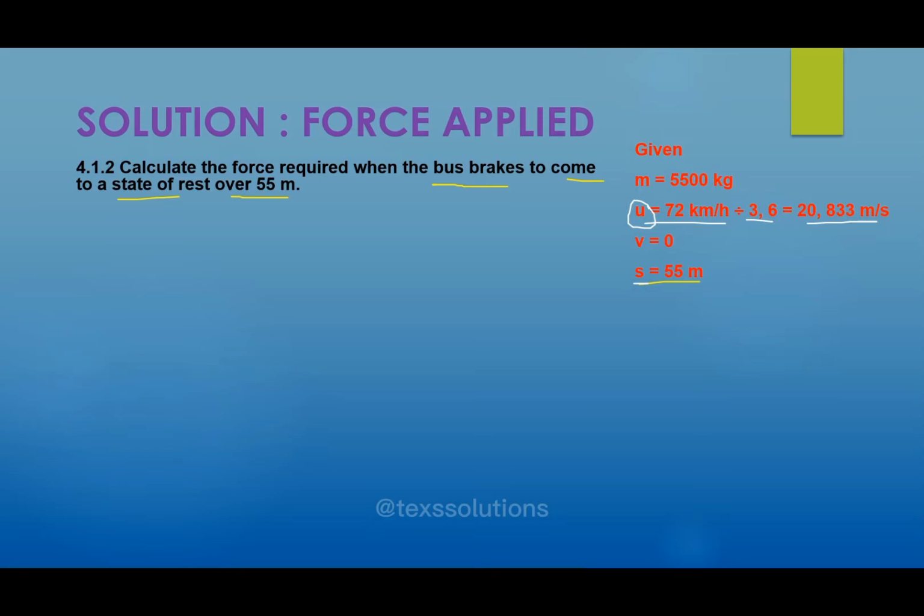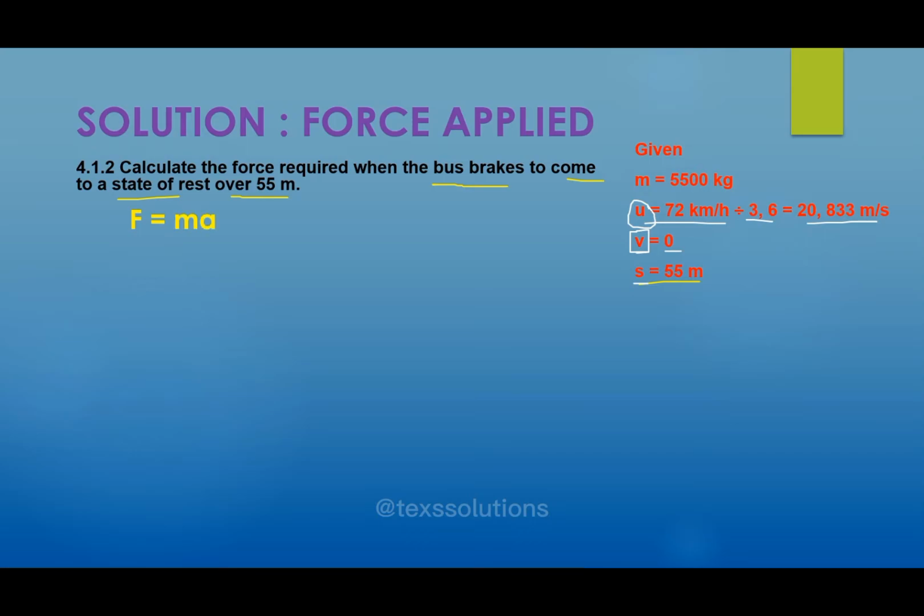And the symbol which we can use to represent initial velocity is going to be u. After some time, we find that the bus came to a state of rest, which means it stopped. So when an object is at rest or stationary, that means that velocity is going to be 0. So the ending velocity of the bus is my final velocity. The symbol which we use to represent the final velocity is going to be v. So the final velocity here is going to be 0.